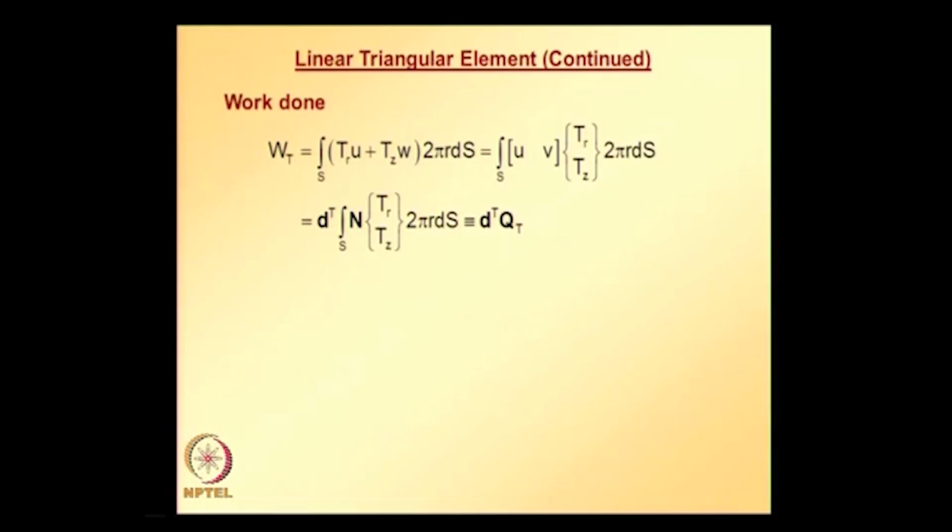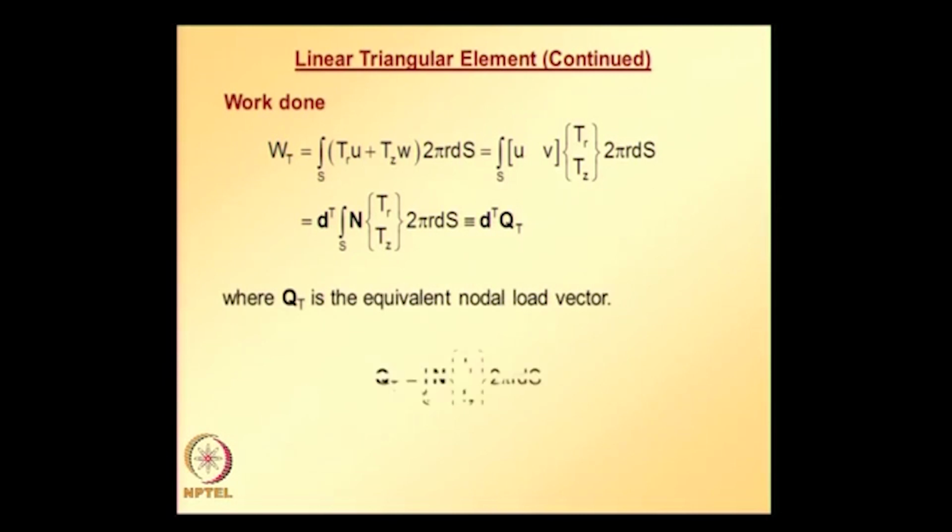Where Tr, Tz are the components of T, the applied surface traction in the R and Z directions. So Wt, the work done by the applied traction, can be compactly written as d transpose Qt, where Qt is the equivalent nodal load vector, defined like this.